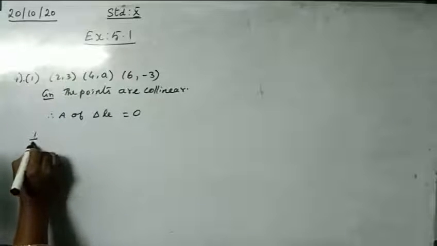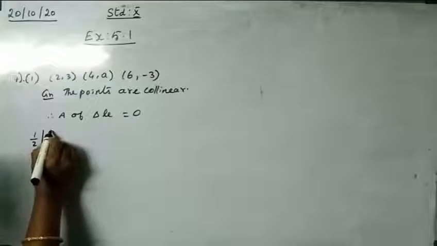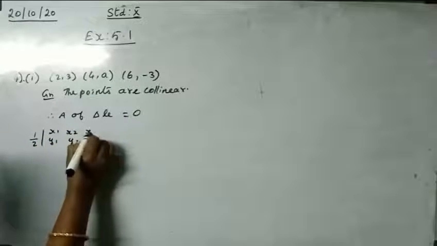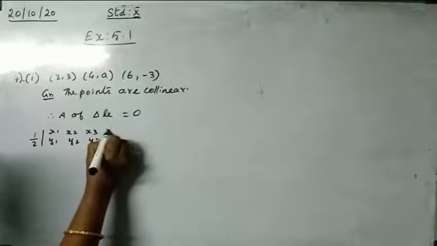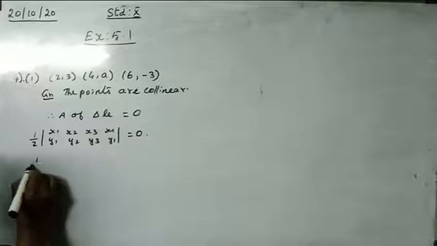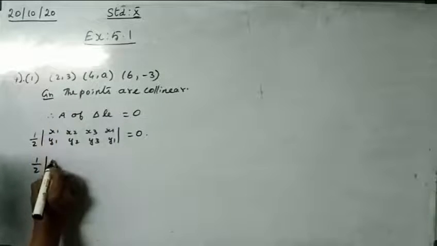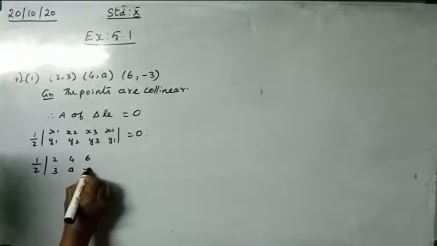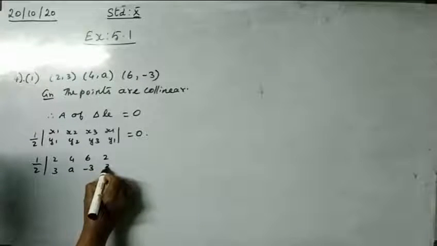So 1 by 2 modulus of x1 y1, x2 y2, x3 y3, x1 y1 is equal to 0. Now substitute the points 2, minus 3, 4, A, 6, minus 3, and once again the first point 2, minus 3.